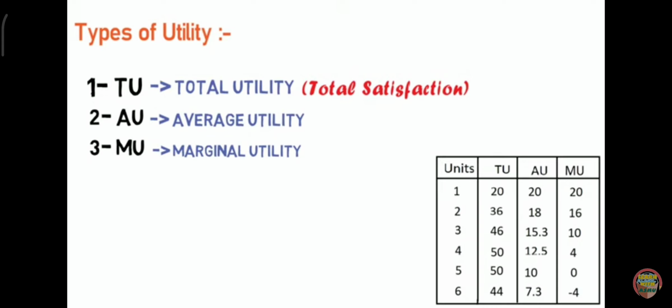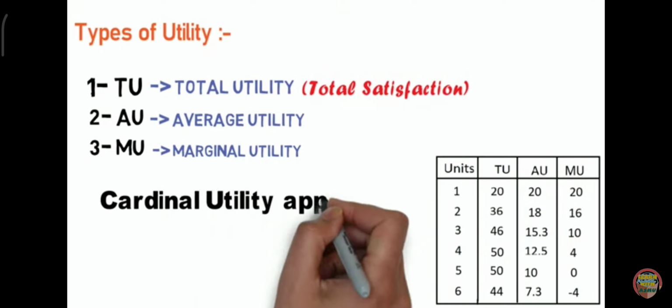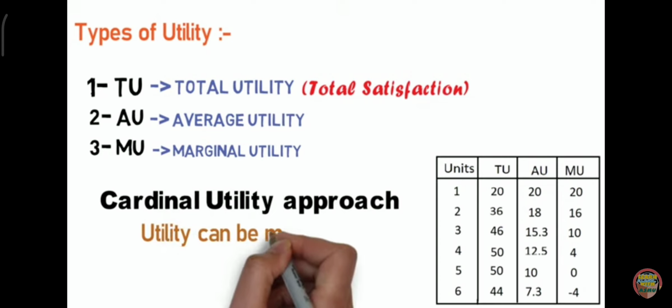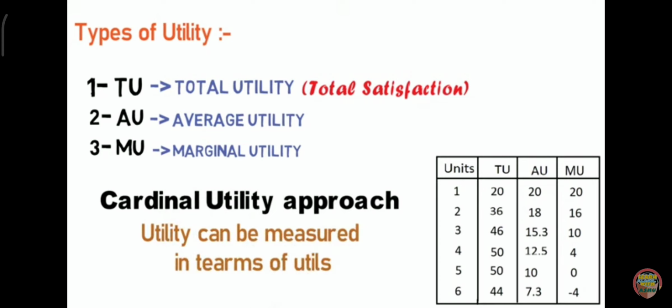But to measure it, economists have given it a unit known as utils. A cardinal utility approach was developed by economists, and utility can be measured in utils. So utils is the unit to calculate utility.